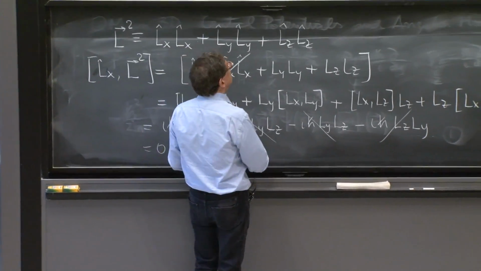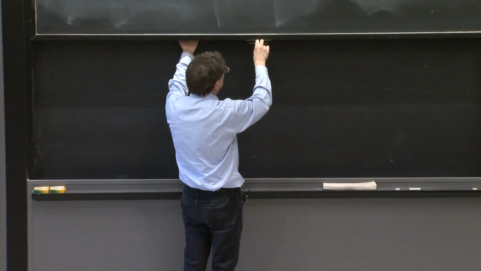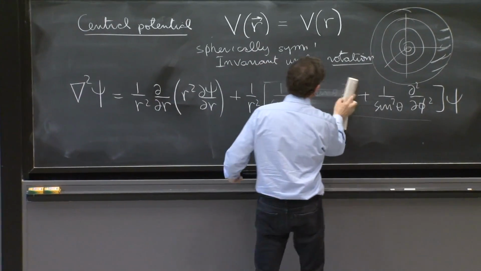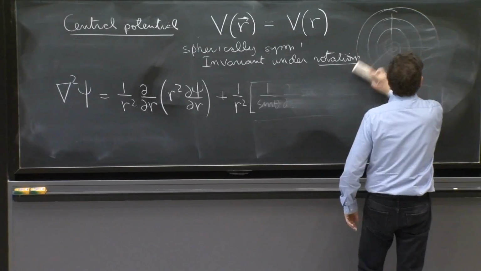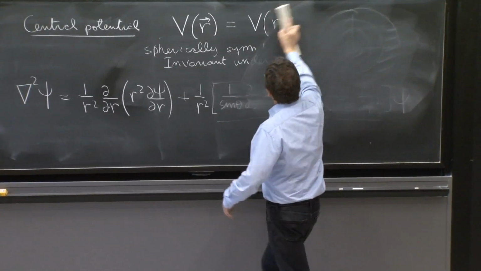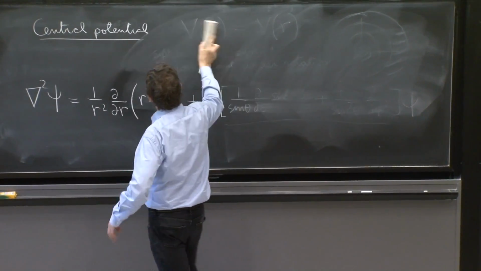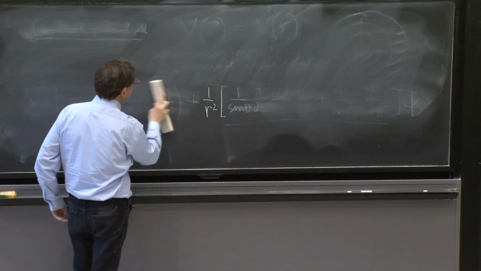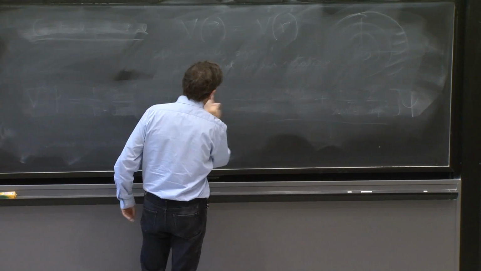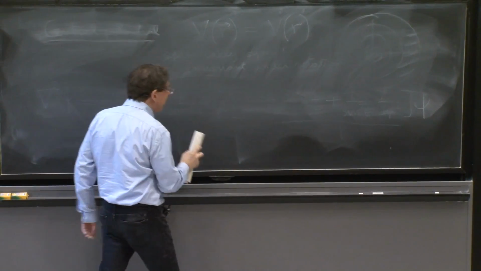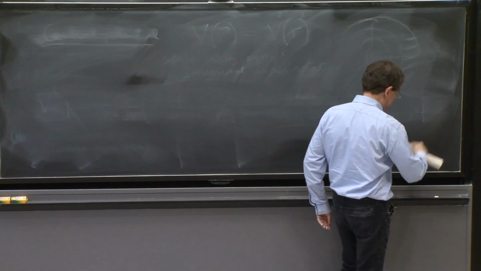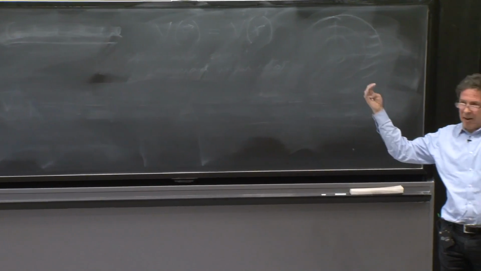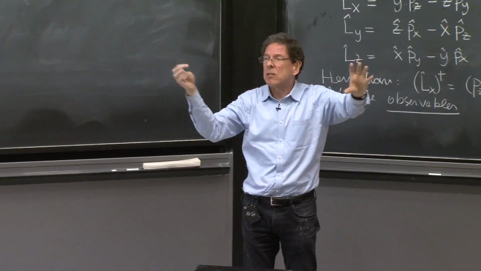In fact, it's a general theorem of linear algebra that we'll see a little bit of in this course, and you'll see more completely in 805, that if you have two Hermitian operators that commute, you can find simultaneous eigenstates of both operators. Meaning eigenstates that are eigenstates of one and eigenstates of the second.